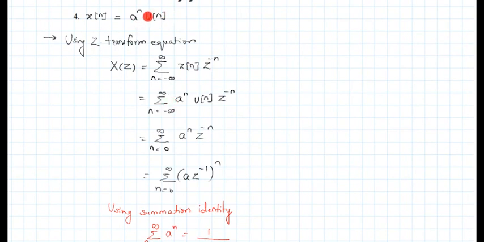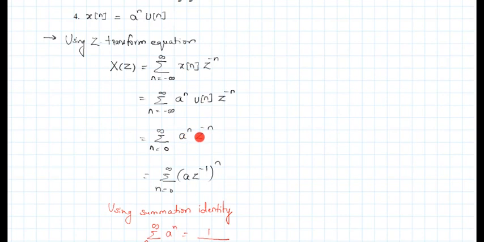As u[n] is entirely a right-handed sequence, it modifies the limits in the Z transform, making it entirely right-handed, extending from 0 to infinity. So the limits now extend, instead of minus infinity to plus infinity, from 0 to infinity. u[n] is 1, so what remains in the summation is a raised to n, z raised to minus n.